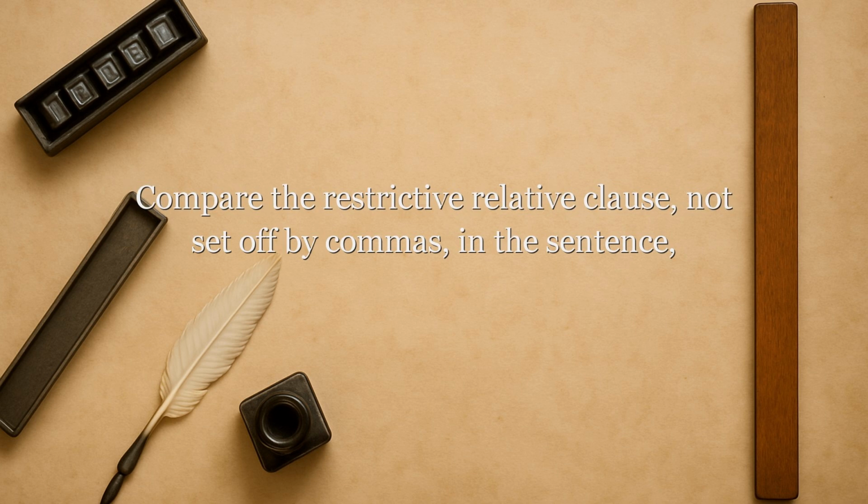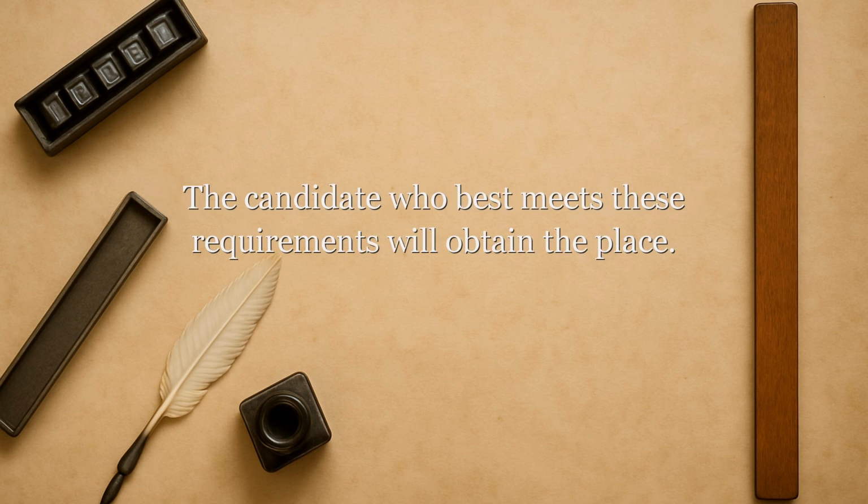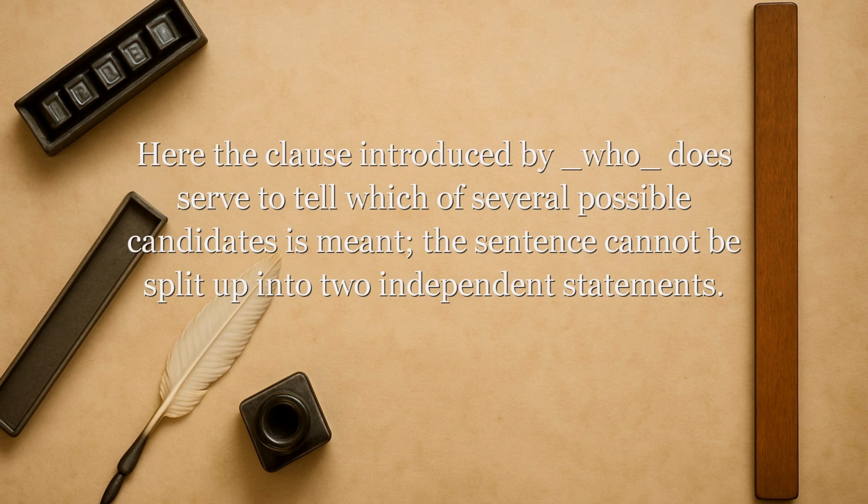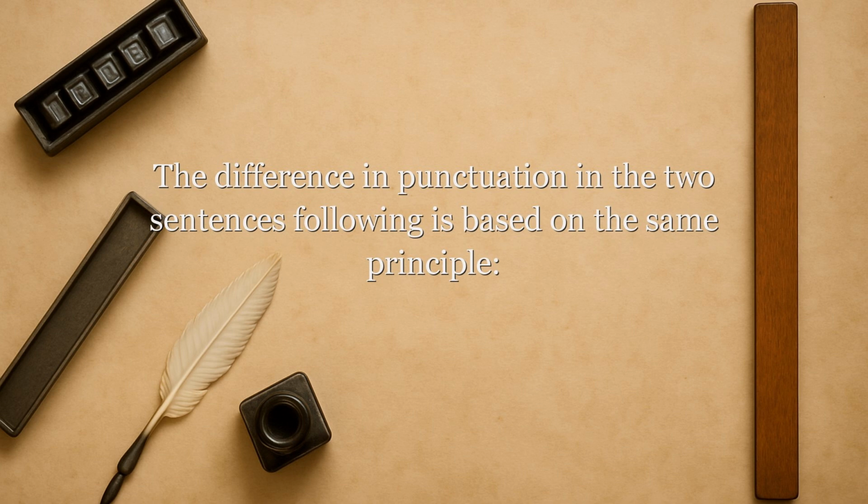Compare the restrictive relative clause, not set off by commas, in the sentence, the candidate who best meets these requirements will obtain the place. Here the clause introduced by who does serve to tell which of several possible candidates is meant. The sentence cannot be split up into two independent statements. The difference in punctuation in the two sentences following is based on the same principle.